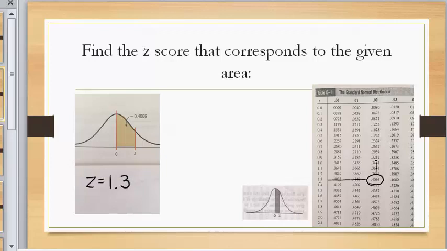And then I'm going to go up to the top and note that the hundredths place digit is a 2. The only other thing that I would want to check is whether that z-score is positive or negative. But because my z-value line is on the right side of 0, then it's going to be positive. And so that z-score will be 1.32.